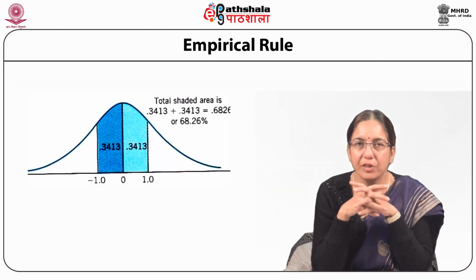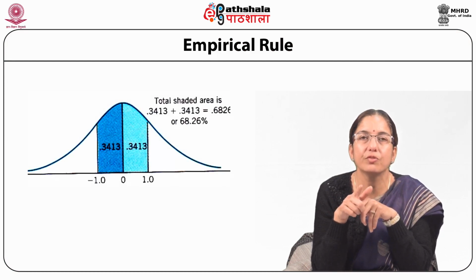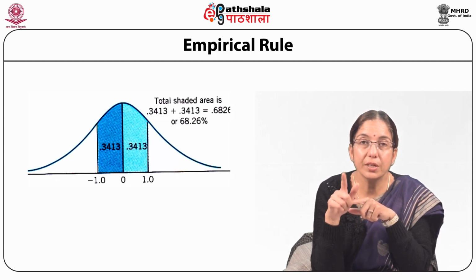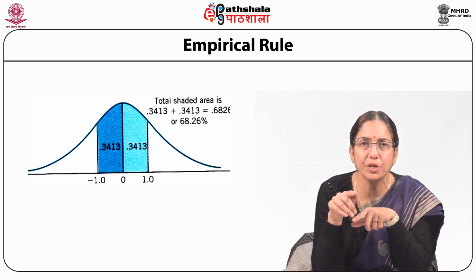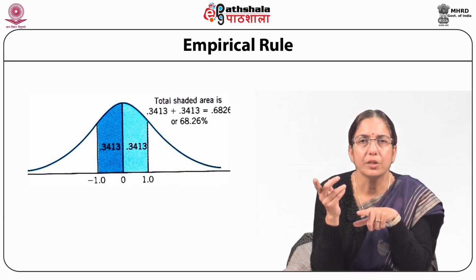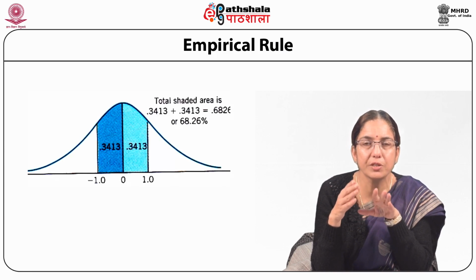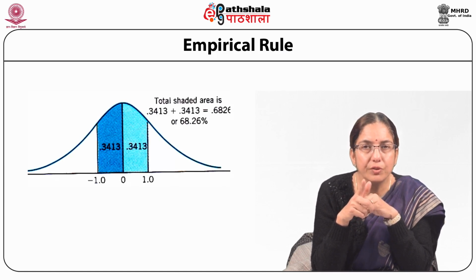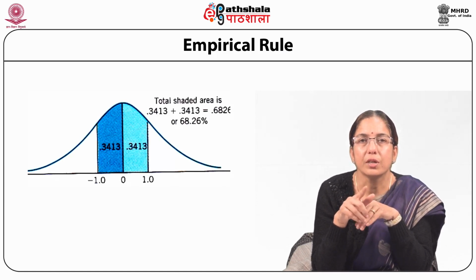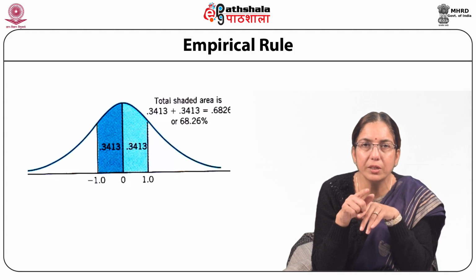Now see in the figure, the total area within one standard deviation of the mean is 68.26%. This area is given by the sum of the areas between z equal to -1 and 0, and z equal to 0 and 1. As shown in figure 1, each of these two areas is 0.3413 or 34%.